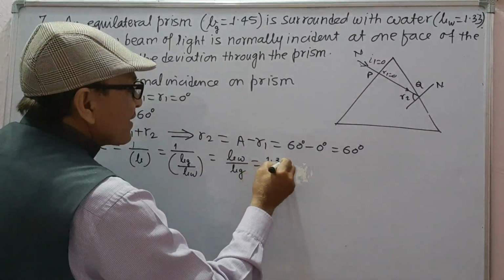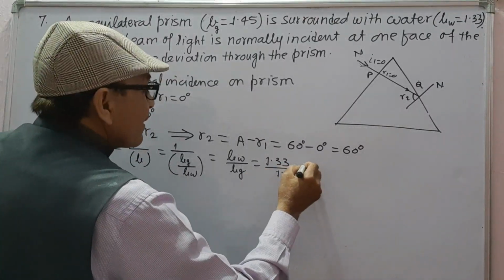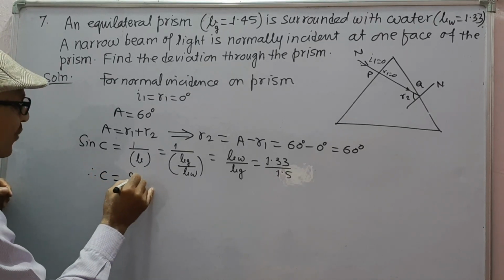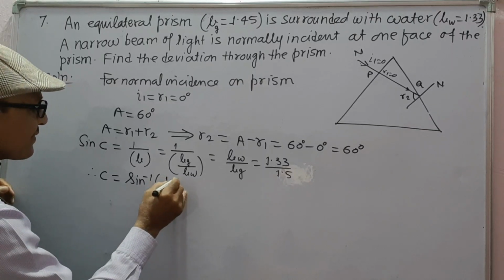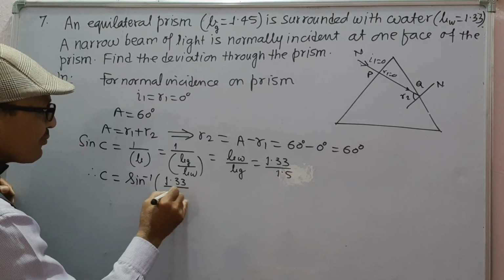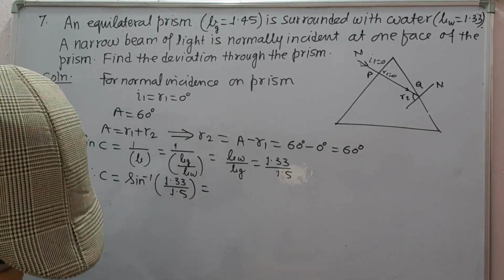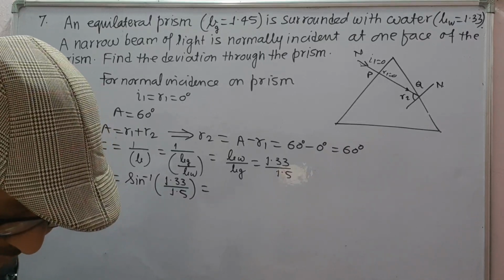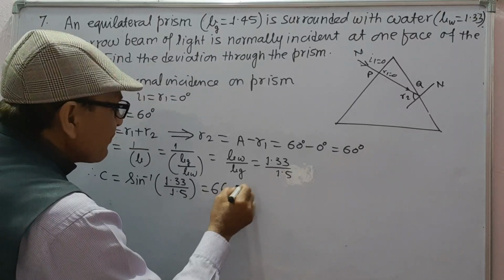Mu water is 1.33, mu glass is 1.5. Therefore, C will be equal to sine inverse of 1.33 upon 1.5, which gives 66.5 degree.